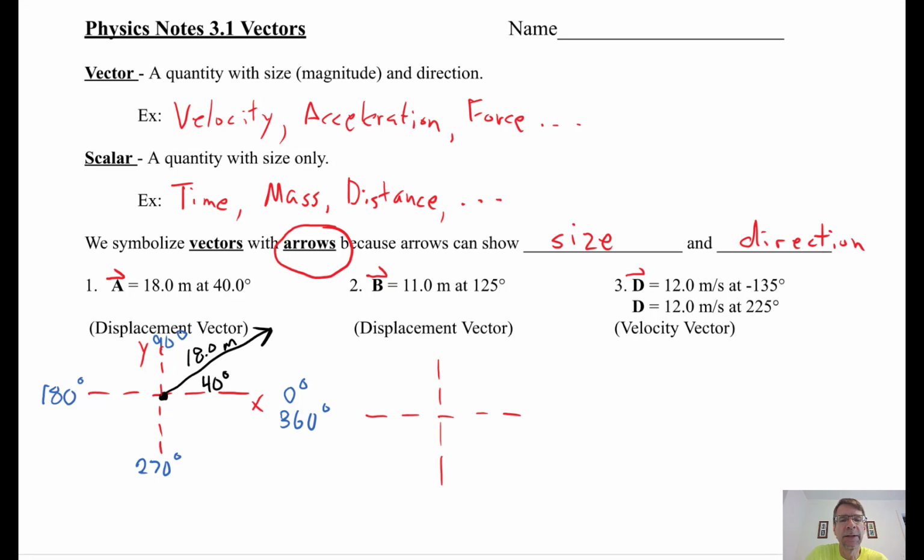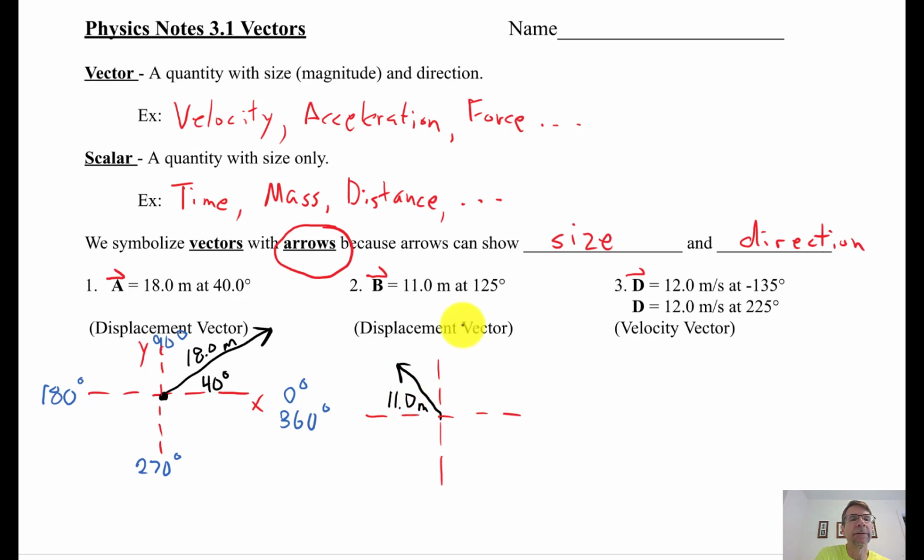It would point, and I'm going to draw it about half as long as vector A. It's hard for me to draw a straight line on a slanted surface, so sorry about that. But that's supposed to be a straight arrow, about half as long as the previous vector. That's 11.0 meters.